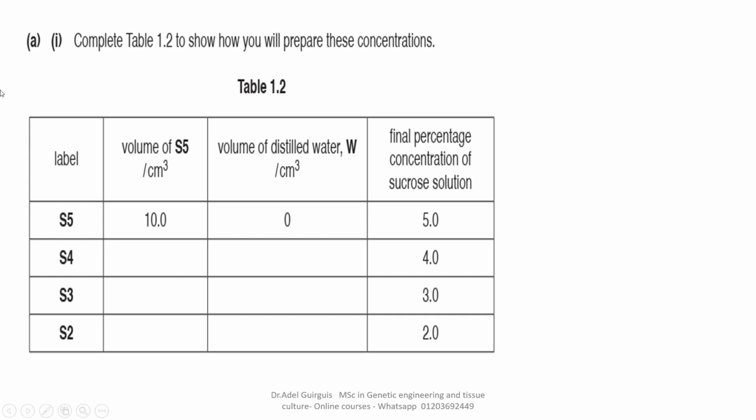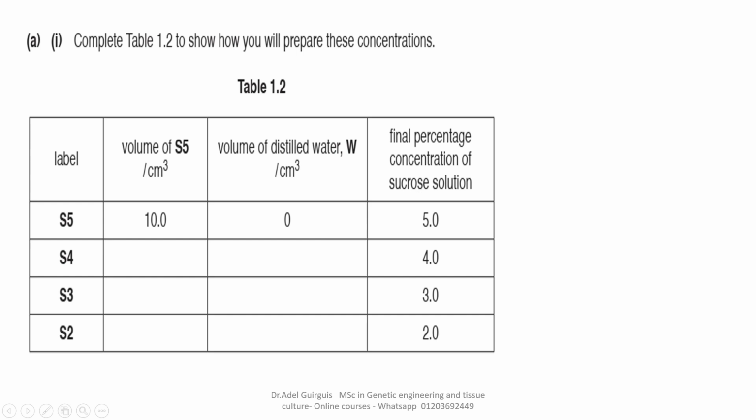Here, the volume of S5 in cubic centimeters, with the unit in the headings, not in the cells of the table, equals 10 cubic centimeters, and the volume of distilled water W added is 0. So that's the concentrated solution that you are given at your exam. The final percentage concentration of sucrose in this beaker equals 5%.